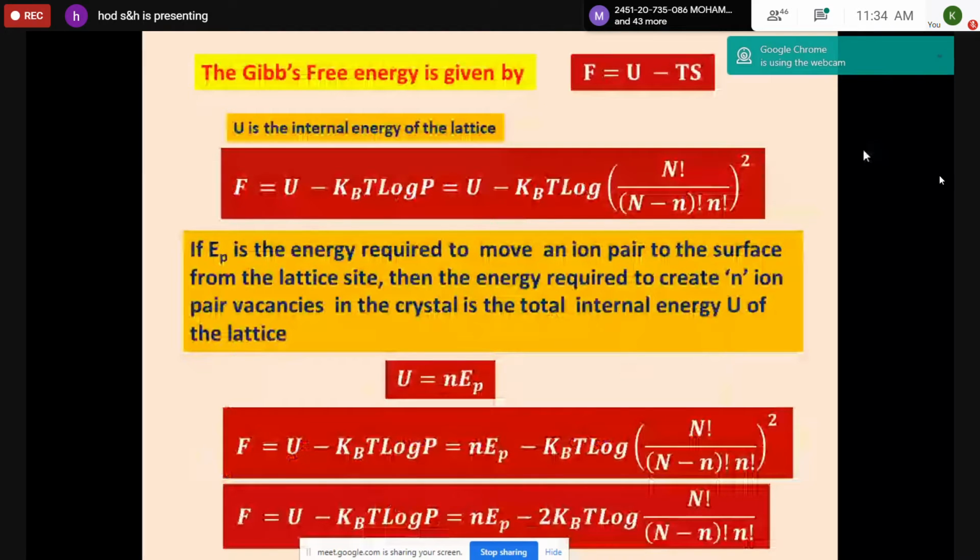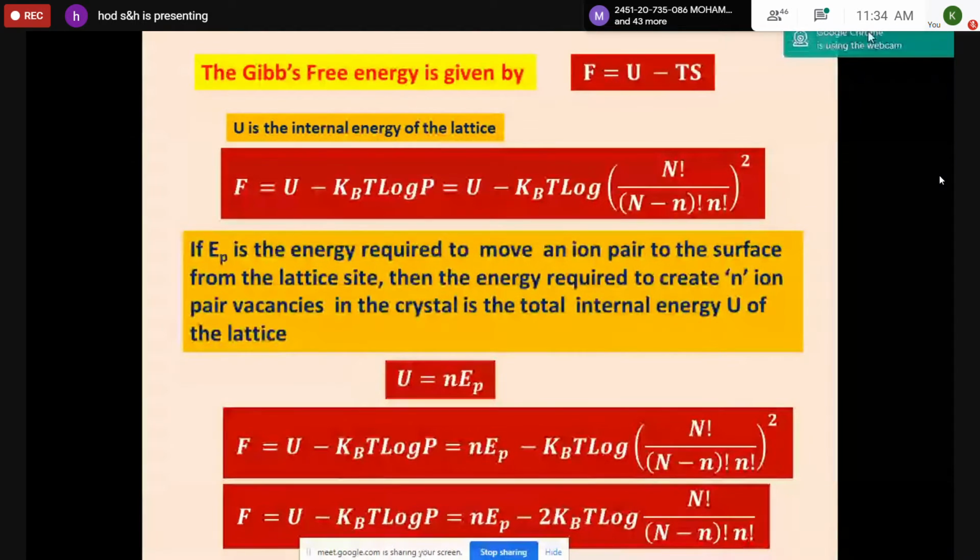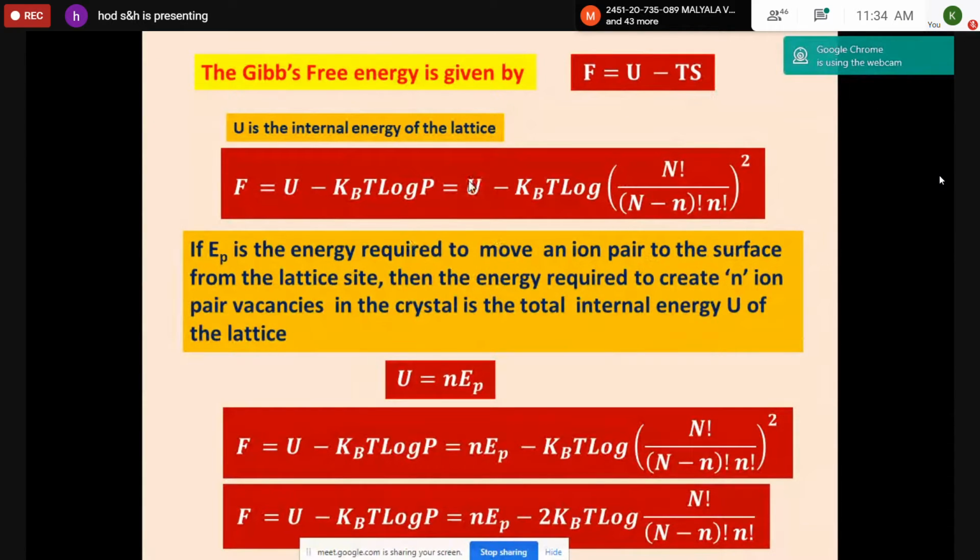Now, similarly, according to Gibbs free energy in thermodynamics, it is given by F is equal to U minus TS, where U is the internal energy, T is absolute temperature, S is increase in entropy. The same can be written as F is equal to U minus T, and S can be written as Kb log of N factorial by (N minus n) factorial into n factorial, whole square.